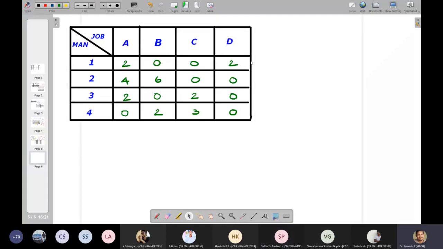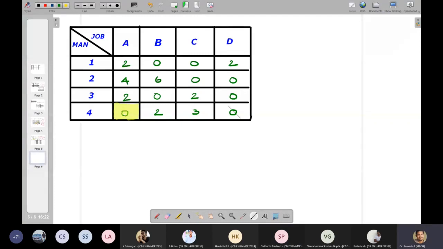No. Column-wise, the first column, yes, it is a single zero, so I can give the assignment there. Now what will happen to this 0? It will be cancelled off, 4D only cancelled.